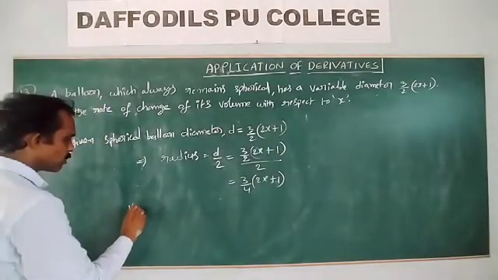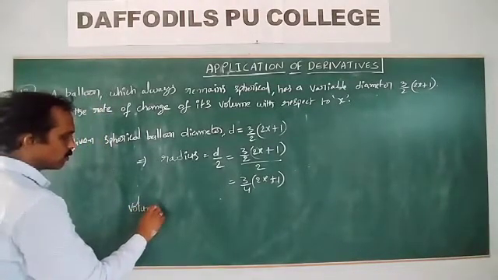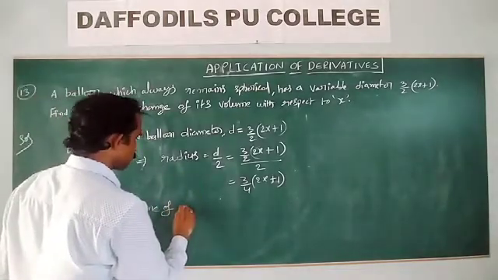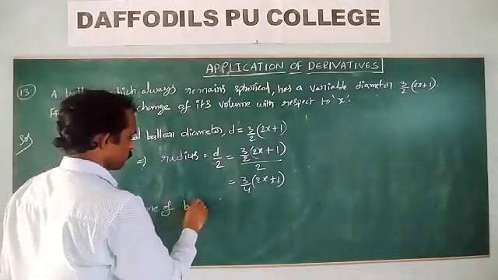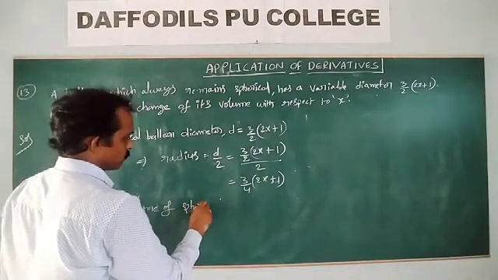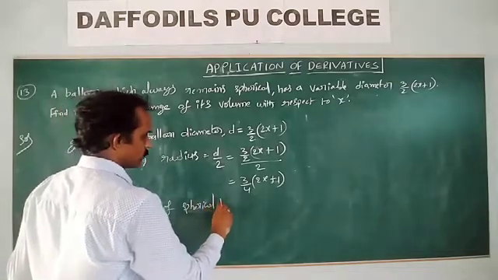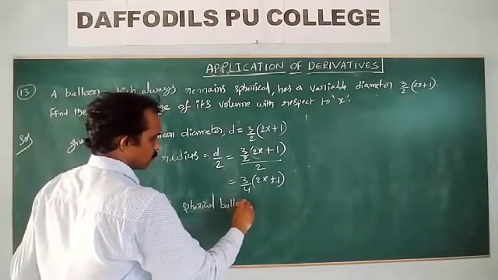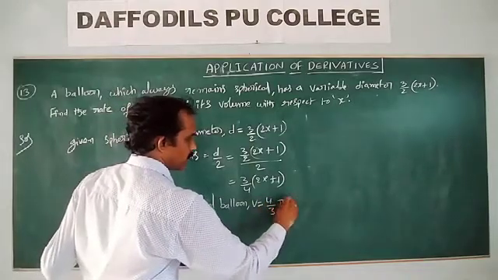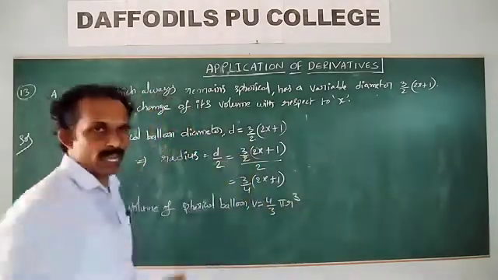Volume of the sphere, that is nothing but a spherical balloon, V is equal to 4 by 3 pi r cube.